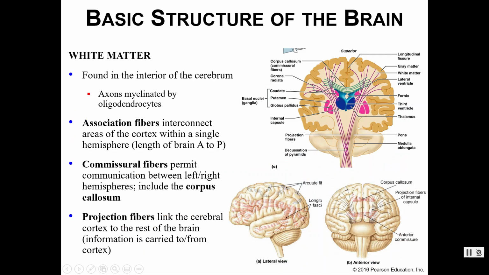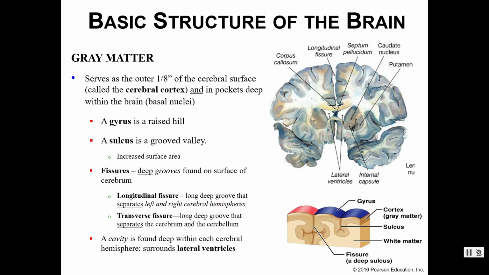Okay, so we've got your cerebrum, and we'll go back, I promise. This is your cerebrum. Remember, this is your cerebellum. This dividing line right here, that's not labeled on this picture, would be your transverse fissure. This line right here would be your longitudinal fissure. So your longitudinal separates left and right. Your transverse separates your cerebrum and your cerebellum. So now you have an idea of what that looks like.